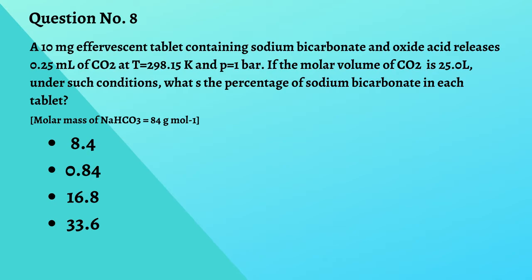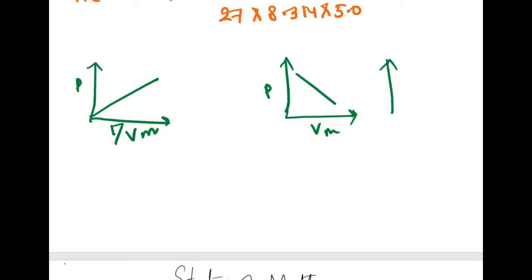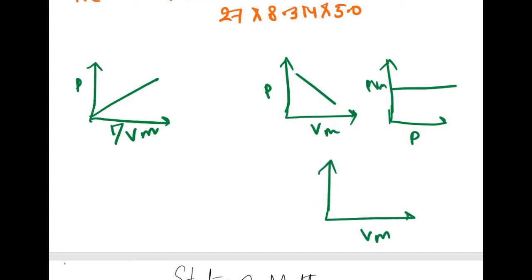One is P and 1 by Vm plot, which shows this one. P versus Vm plot shows this. Then you have PVm versus P showing this one, and U versus Vm showing this. Right? So how will we analyze?